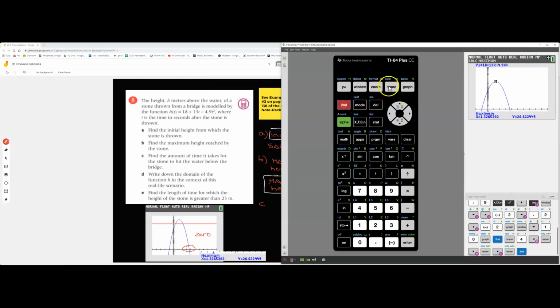So second, calc, part 2, 0, and I want to do the one over here. So left bound is before the x-intercept, right bound is after the x-intercept. And my guess. And there's my x-intercept, 3.66 seconds if I round it.